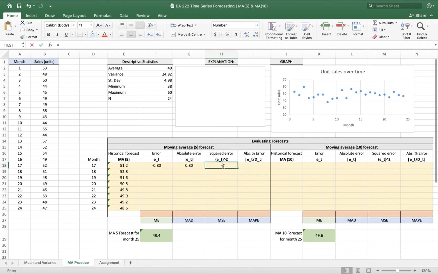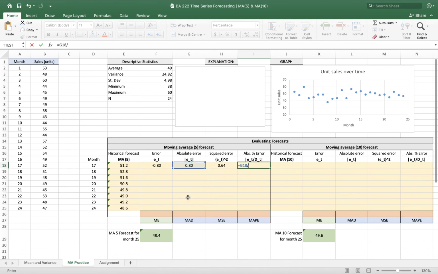The squared error is just our original error squared. To square, you use Shift 6 to get that caret, and then you put in the 2, and that will square it. And then the absolute percentage error basically says how far off were we as a percentage. So we take the absolute value, 0.8. We were off by 0.8 of a unit.